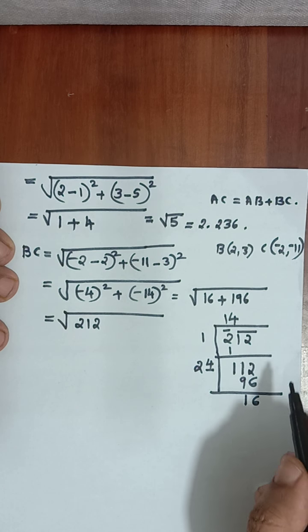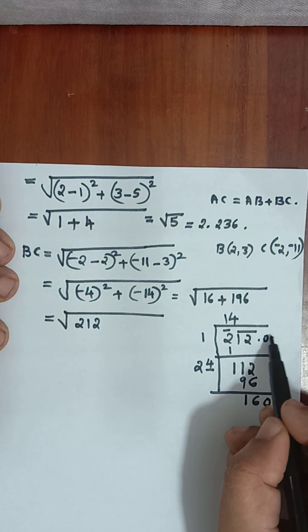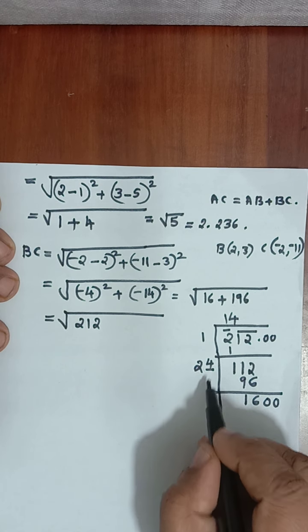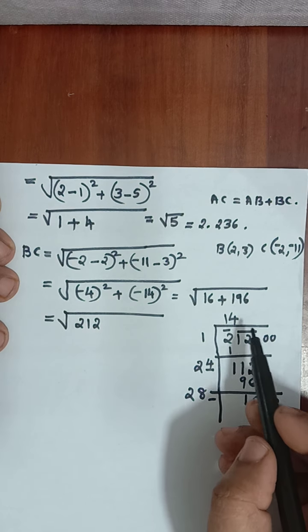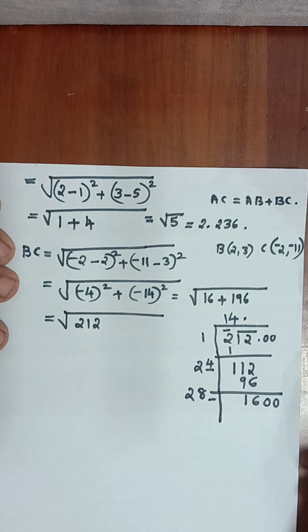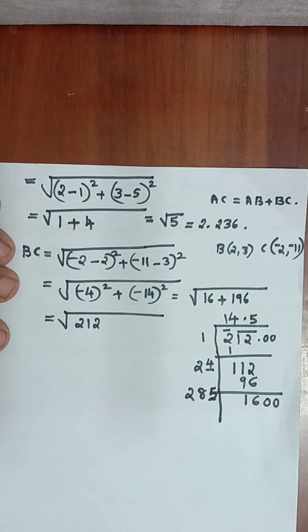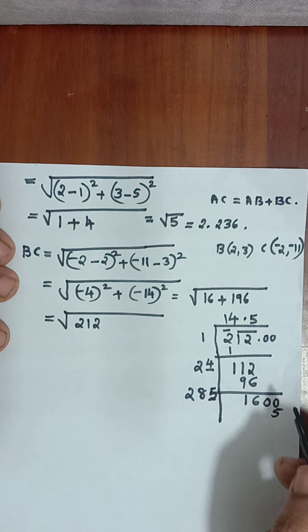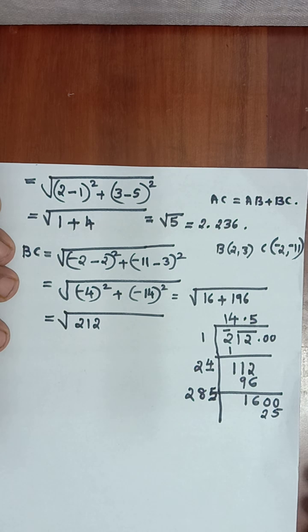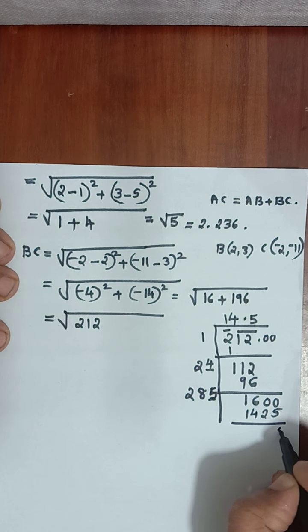Okay, 16 we are getting, 14 point, decimal you can give, bring zeros then. Now 4's double, 4 into 2 is 8, 2 as it is, choose another number. So this decimal here we have to give. So 14 point, now let us choose 5 here, 5 also here. So 5 5s are 25, 8 5s are 40 plus 2, 42, 4 comes remainder, 5 2s 10, 10 plus 4 is 14 here we have. Subtract again.